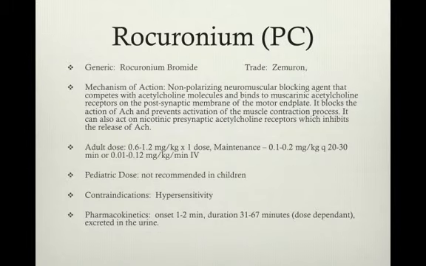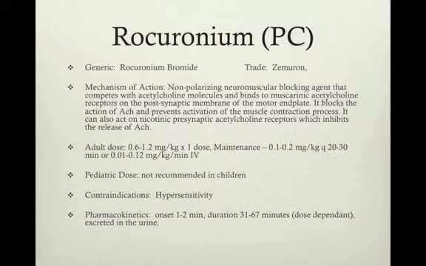Rocuronium, primary care paralytic as well. Generic is rocuronium bromide. Trade name is Zemuron. Mechanism of action: non-depolarizing neuromuscular blocking agent that competes with acetylcholine molecules and binds to muscarinic acetylcholine receptors at the postsynaptic membrane of the motor end plate. It blocks the actions of acetylcholine and prevents activation of the muscle contraction process. It can also act on nicotinic presynaptic acetylcholine receptors, which inhibits the release of acetylcholine.